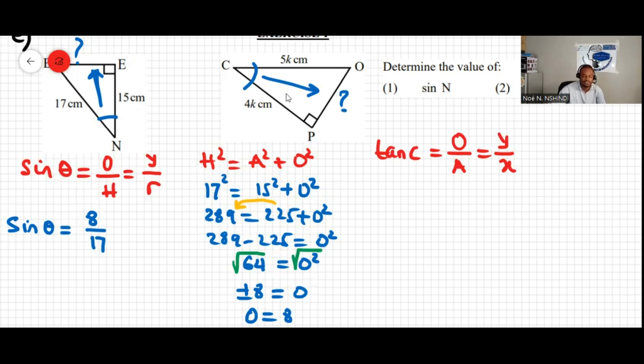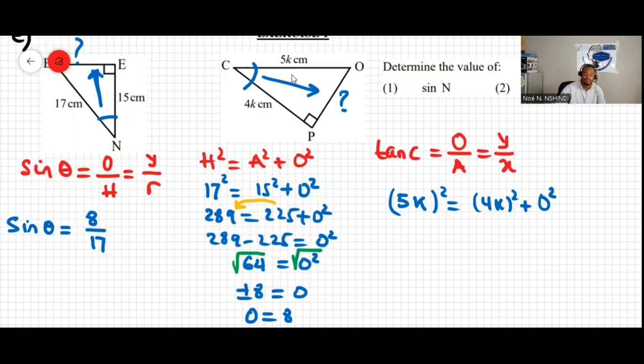How can we? Look here, the two sides are given, so we can still apply the Pythagorean theorem. Here, the longer side is 5k. So I'm going to say 5k squared equal to adjacent, so it will be 4k squared plus opposite squared.